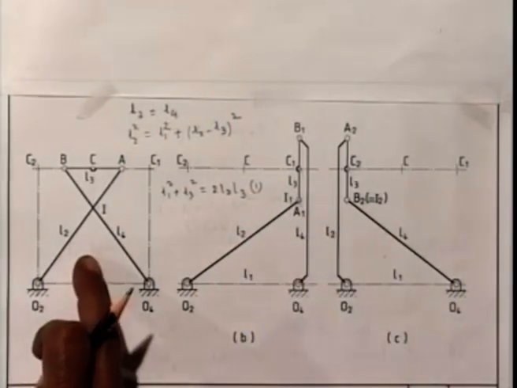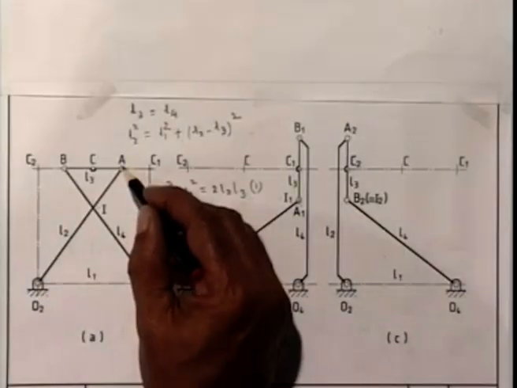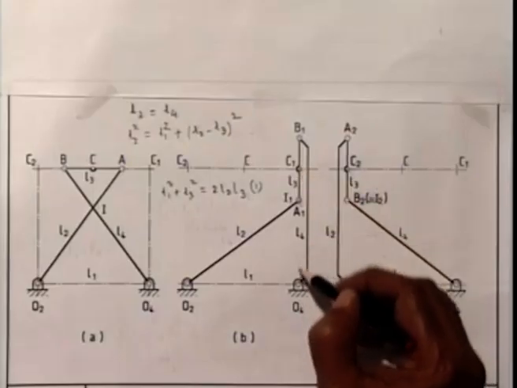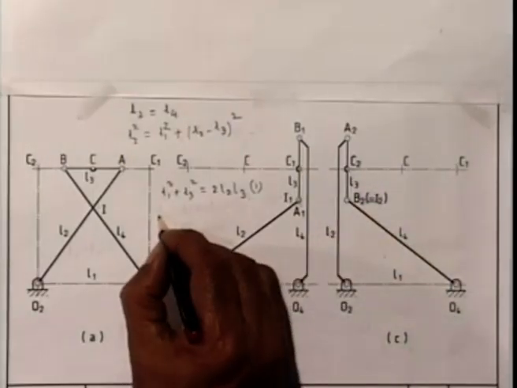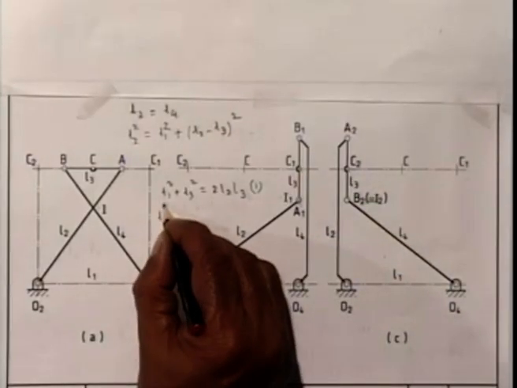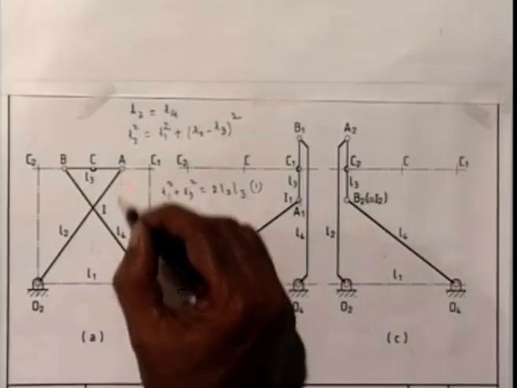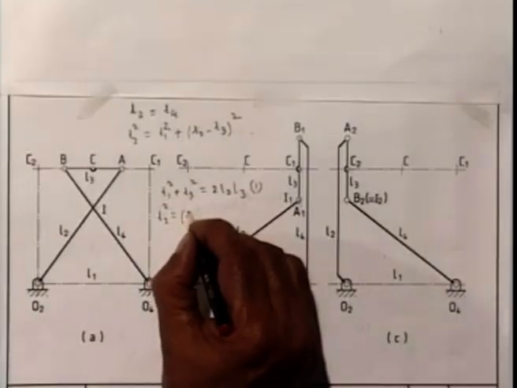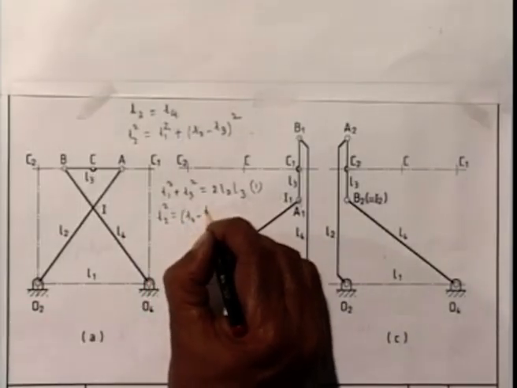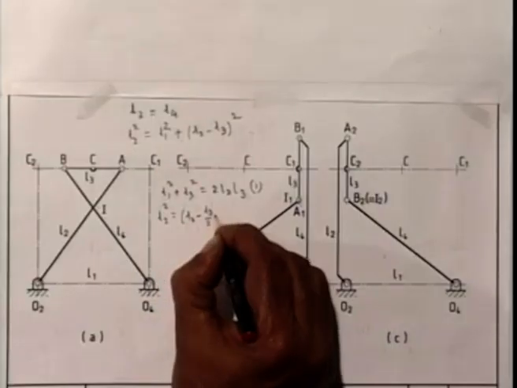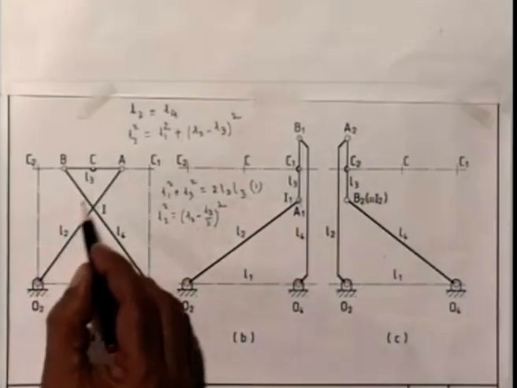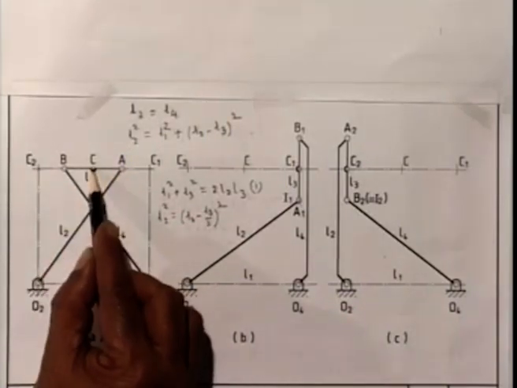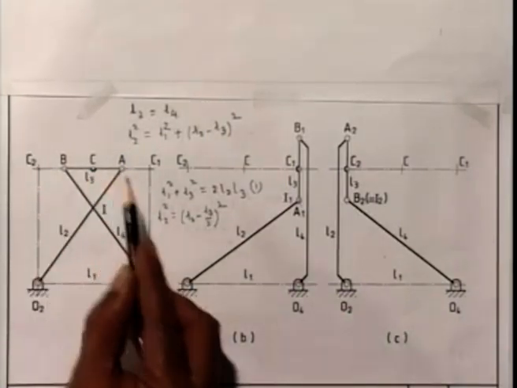From this configuration what I get, L2 squared is this vertical height which is same as this vertical height. So, I can write L2 squared is this vertical height, which is L2 minus L3 by 2, so L2 minus L3 by 2 whole squared plus this horizontal squared. This horizontal is L1 by 2 plus L3 by 2.